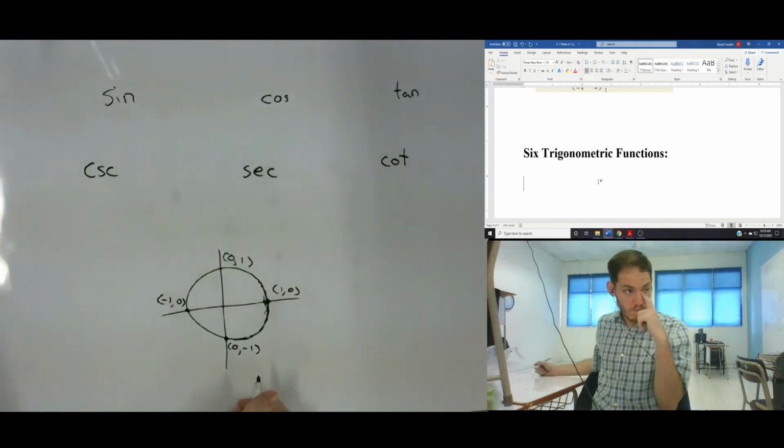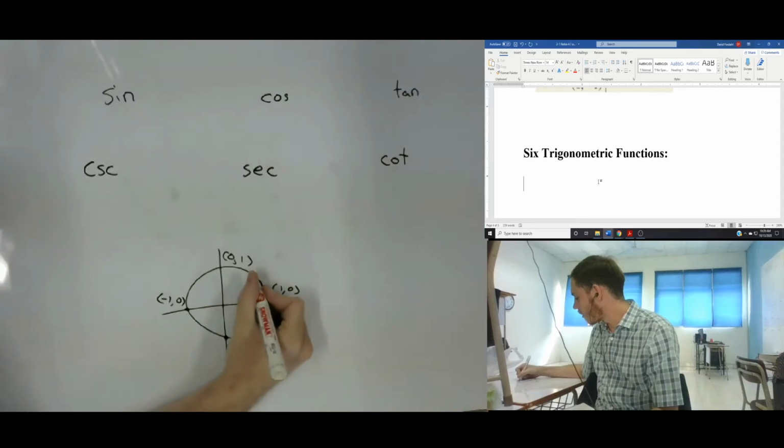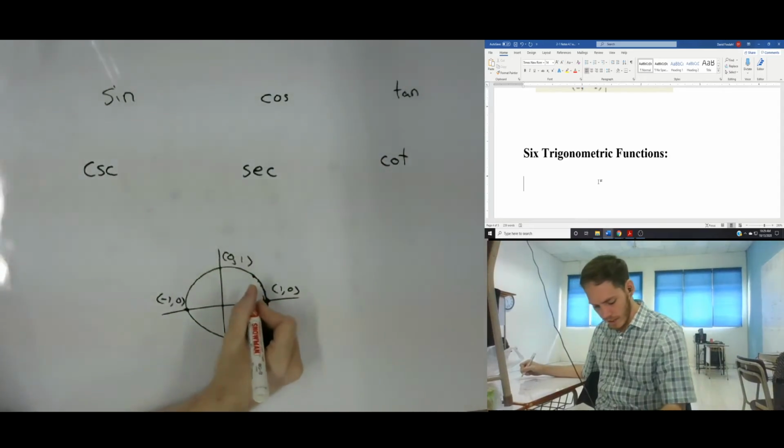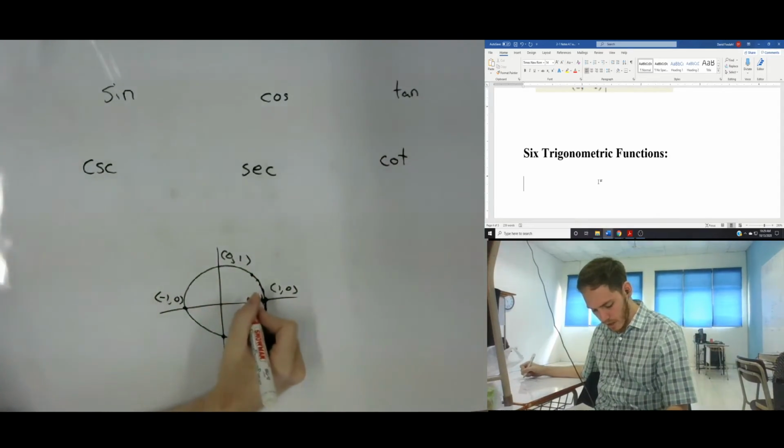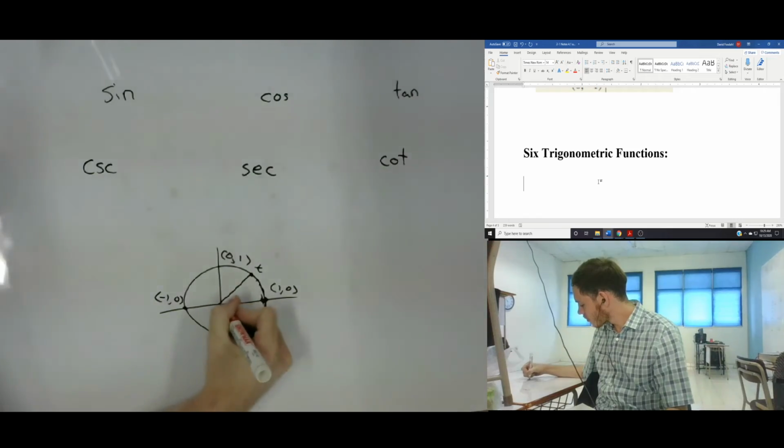Okay, so if we have our unit circle and we have an angle, and our angle is going to be theta, but this point is going to be t. Okay, this is the theta.